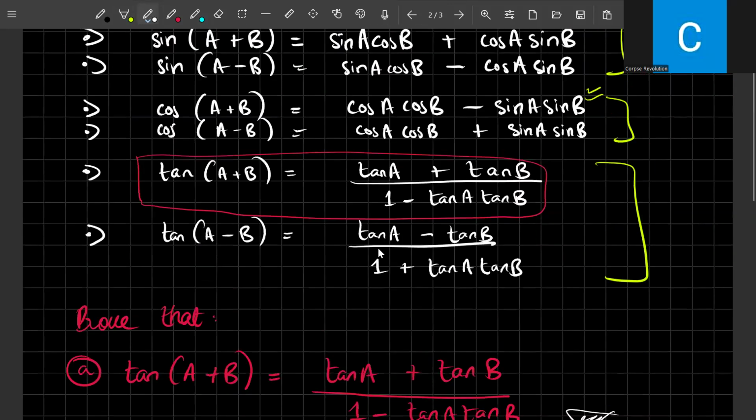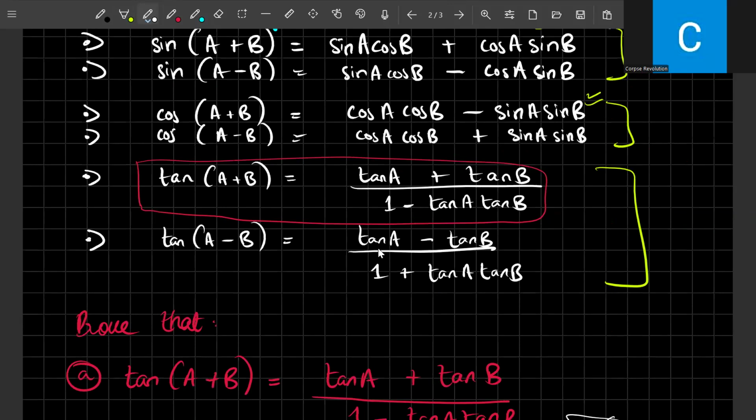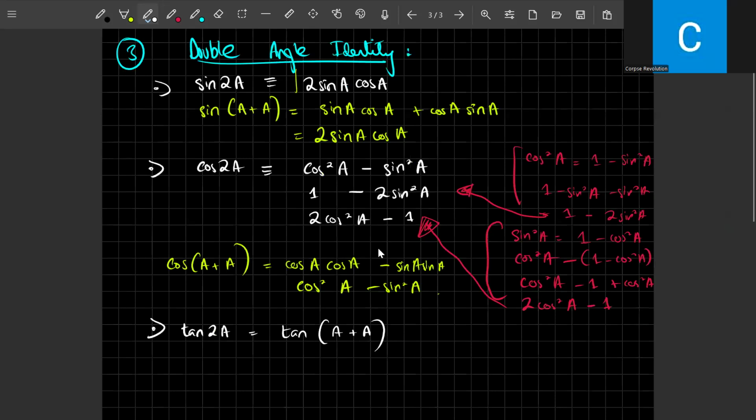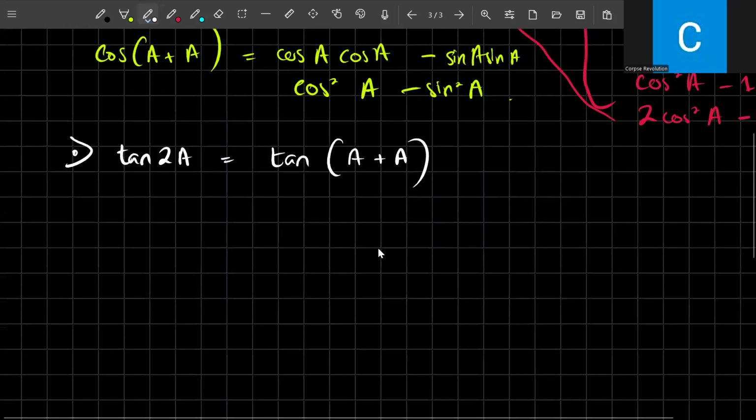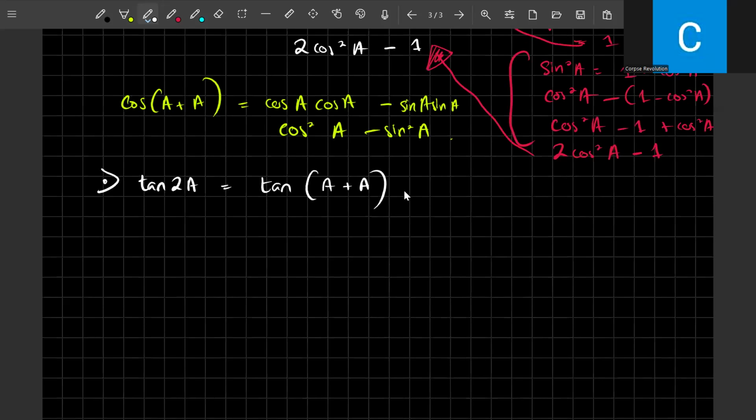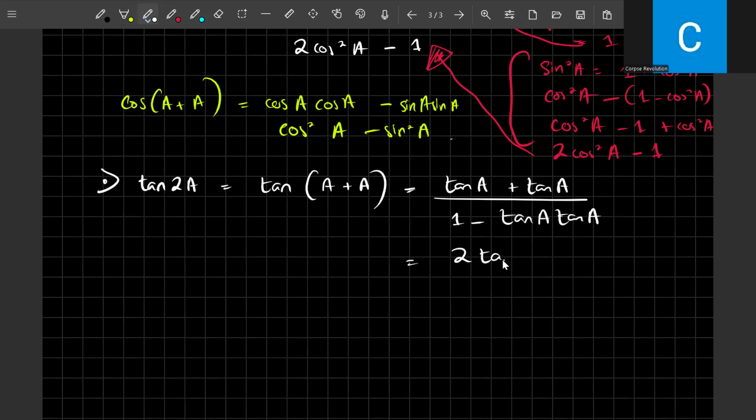Tan of a plus a is equal to tan a plus tan a upon 1 minus tan a tan a, which is 2 tan a upon 1 minus tan square a.